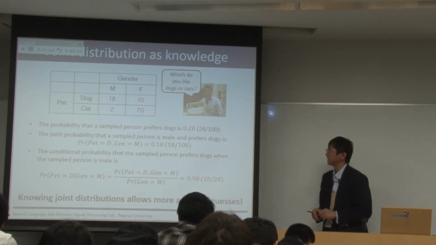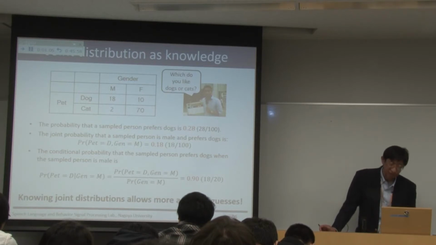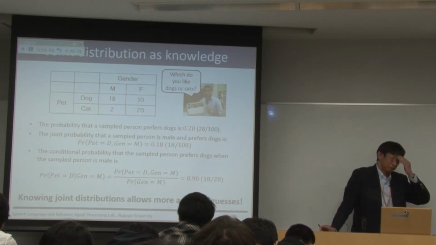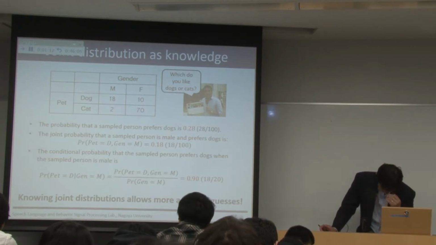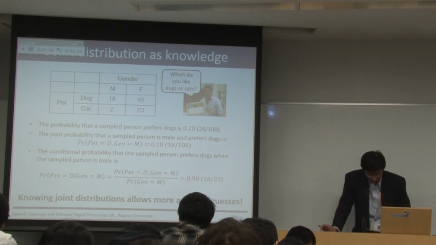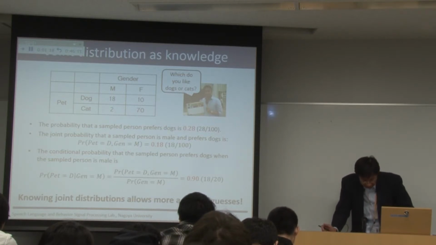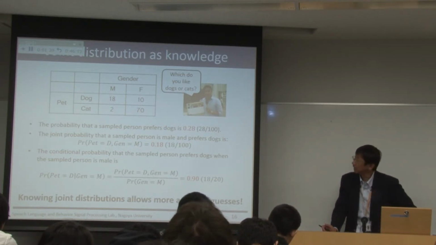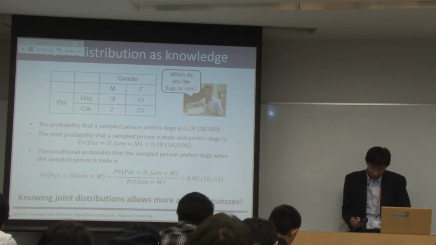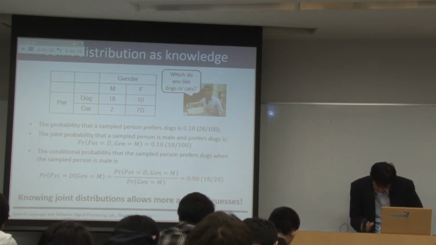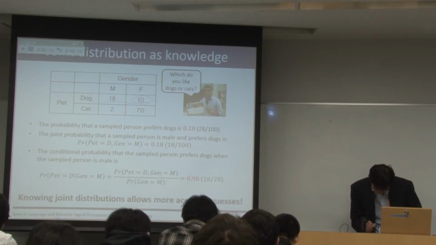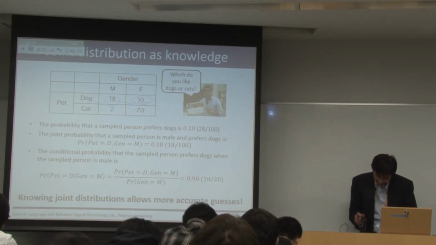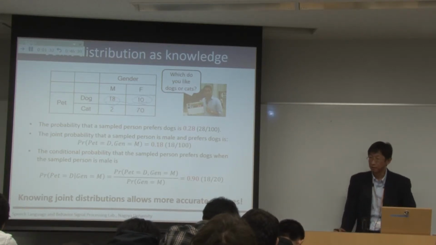Joint probability is a set of numbers which represent two stochastic things happening at once. I mean, the probability that a sampled person prefers dog is 0.28, because the dog preference of female is 10 and male is 18, therefore in total 28 persons prefer dogs.